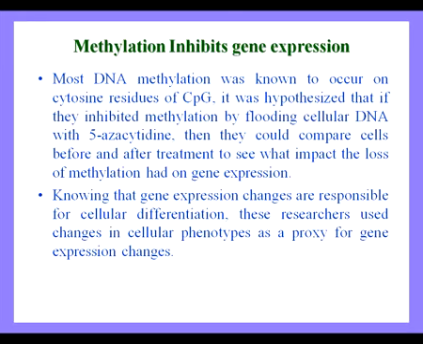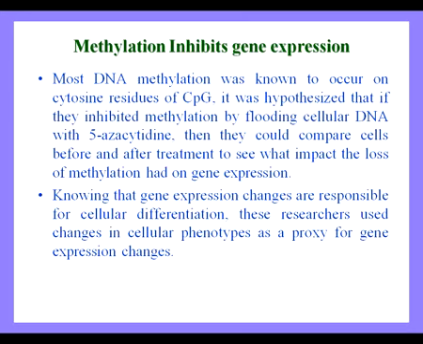Most DNA methylation was known to occur on cytosine residues of CpG. We know these are CpG islands, cytosine, phosphate, guanine islands. The premise of their experiment was that if they inhibited methylation by flooding cellular DNA with 5-azacytidine, which is an analog, then they could compare cells before and after treatment to see what impact the loss of methylation had on gene expression.